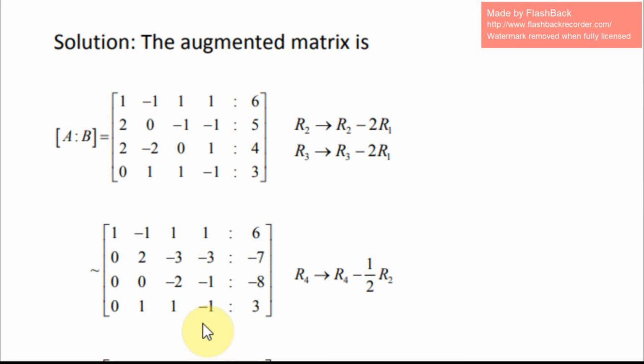Because we have to make the upper triangular matrix, we have to make these three terms become 0. After operating R4 minus 1 by 2 R2, we get 5 by 2, 1 by 2, 13 by 2.